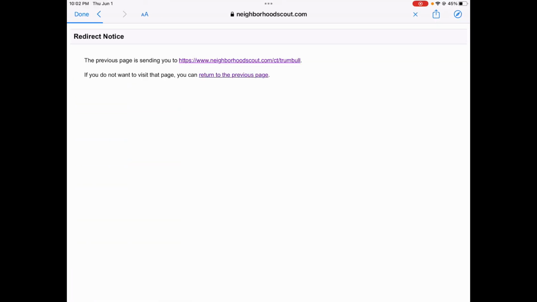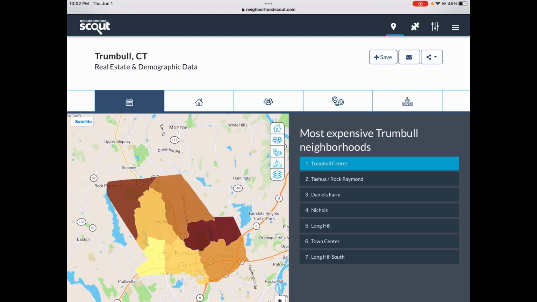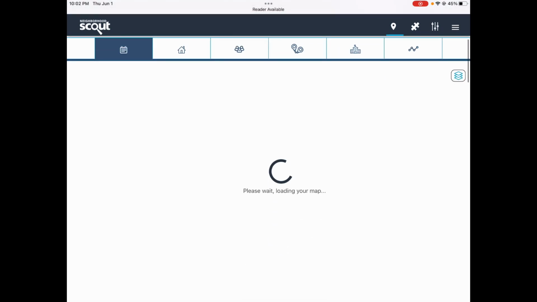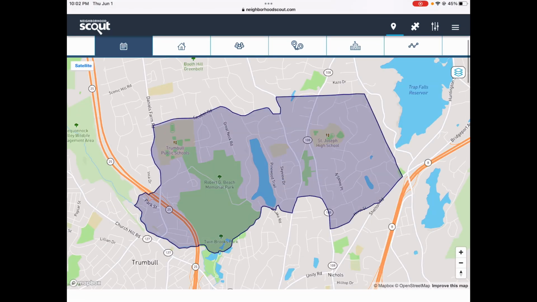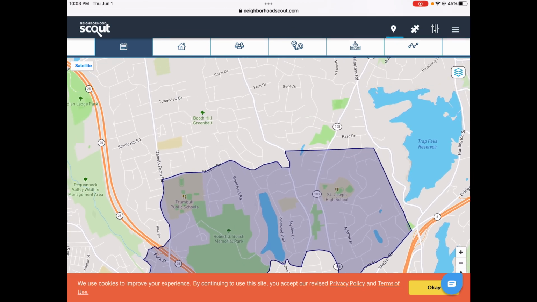Here, I have a website that shows 7 of them. The Trumbull Center, which is the St. Joseph High School and Trumbull High School area, and the Pinewood Lake.